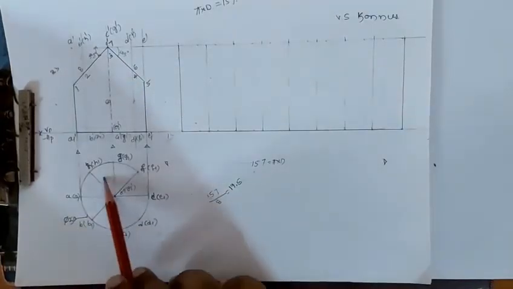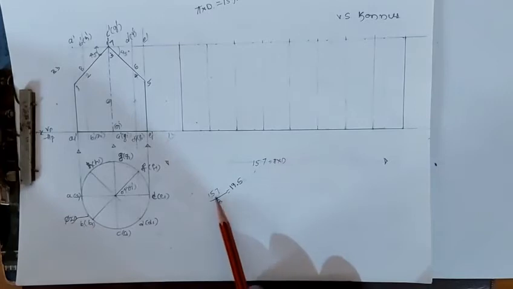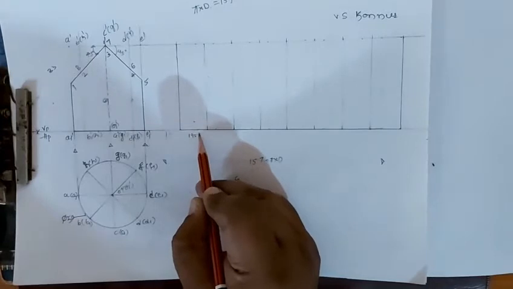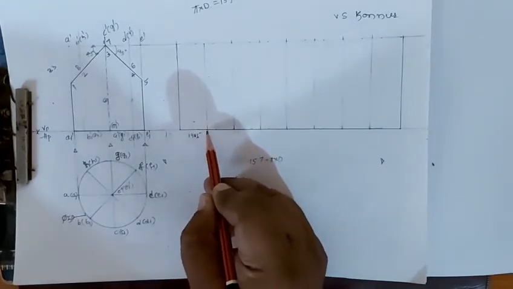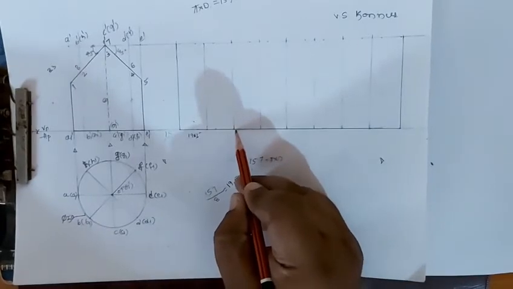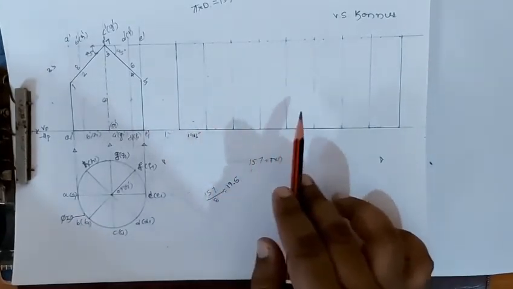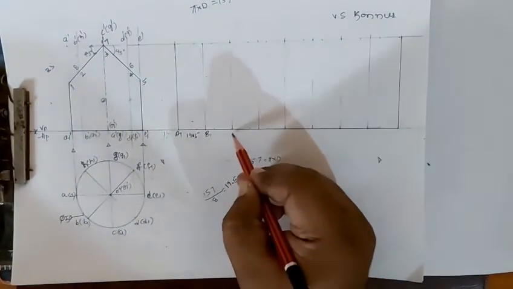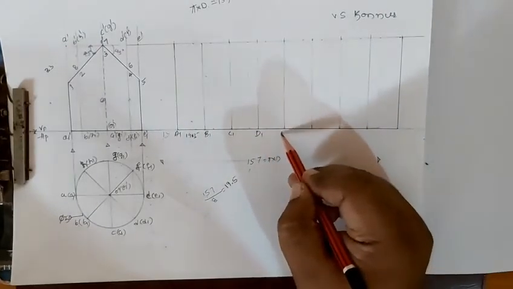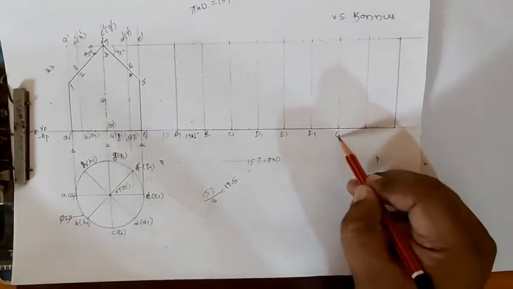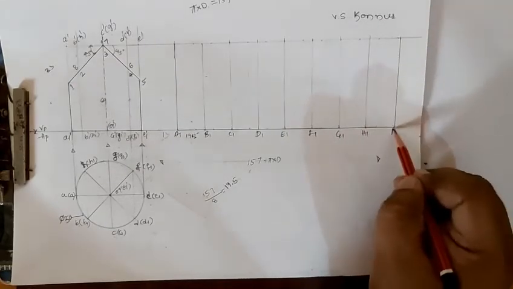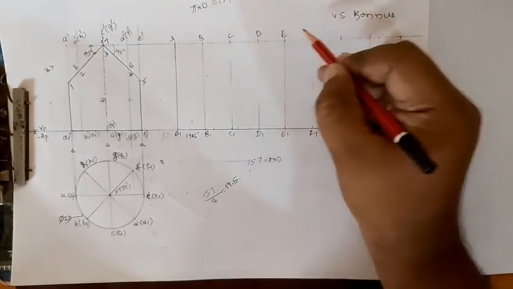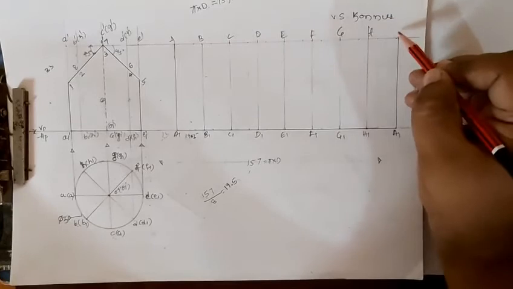Now we have 8 parts, so 157 divided by 8 gives 19.5. Each block is equal to 19.5. You can take it between 19 and 20. So I have made 8 blocks. Now I will number them: A1, B1, C1, D1, E1, F1, G1, H1, back to A1. So this is A, B, C, D, E, F, G, H, back to A.